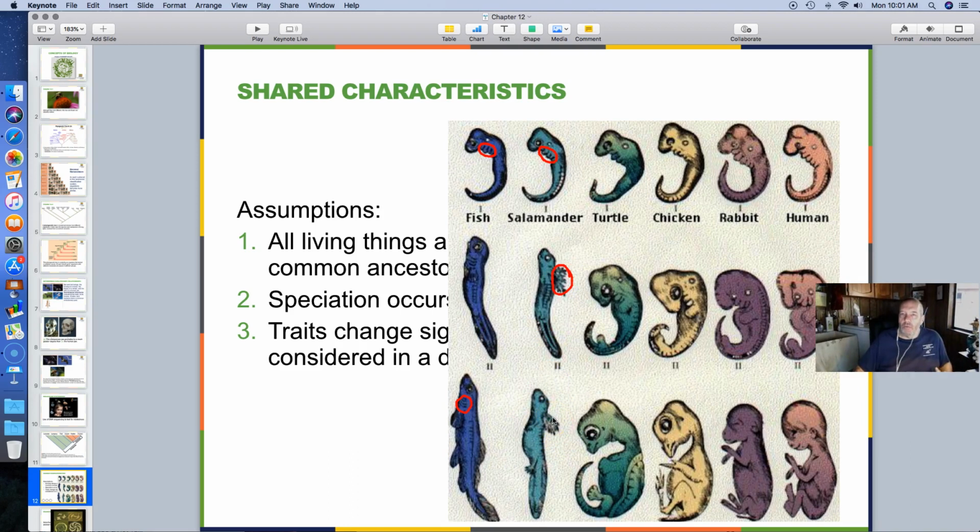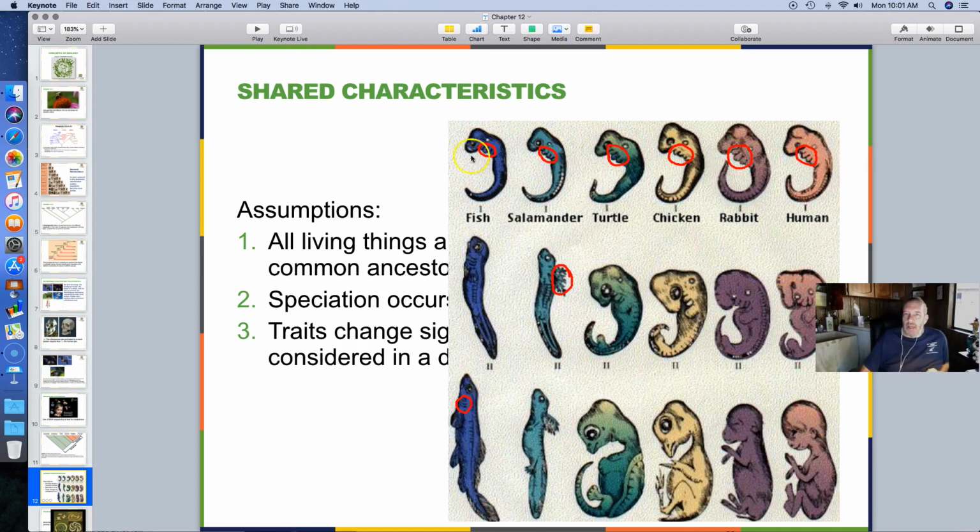Some come and go from the water and they breathe air. Turtles are air breathers, right? But they still have gill slits as an embryo. And then when they become adults, of course, they breathe oxygen out of the air like us. Same with chickens, but as an embryo, they've still got these gill slits, as do rabbits and as do humans.